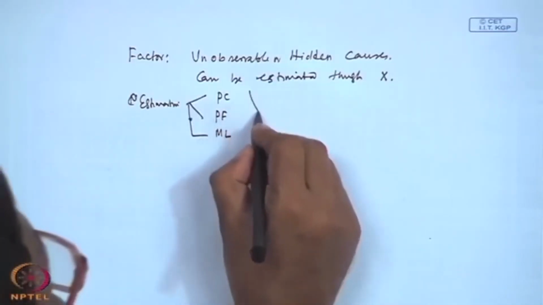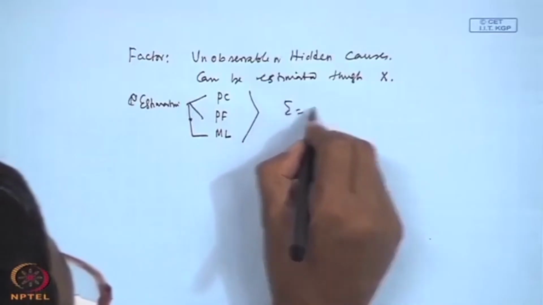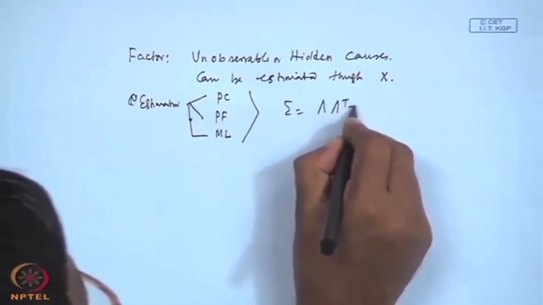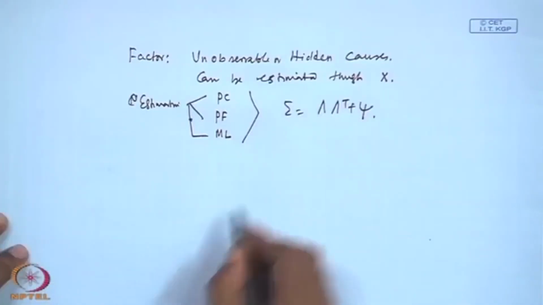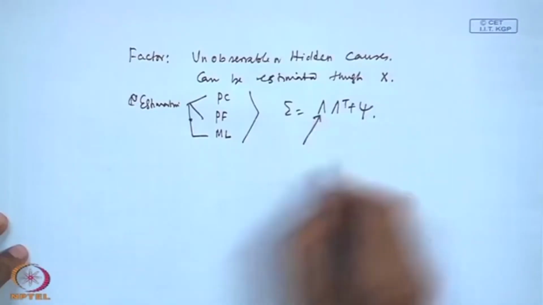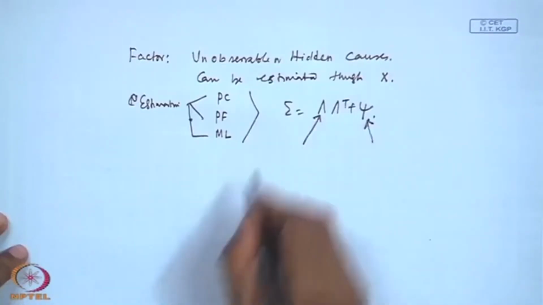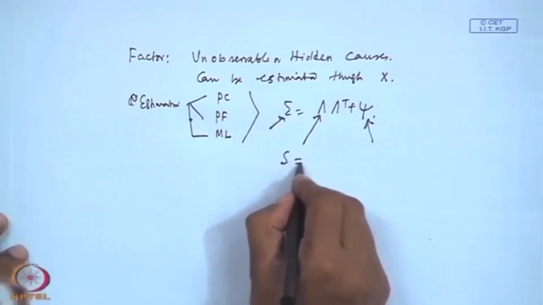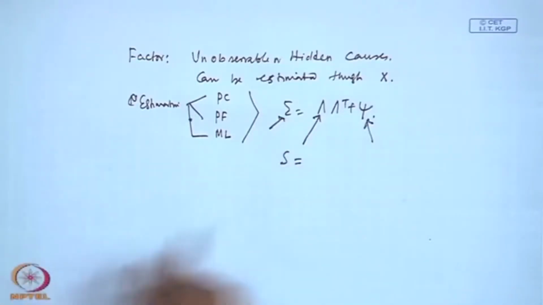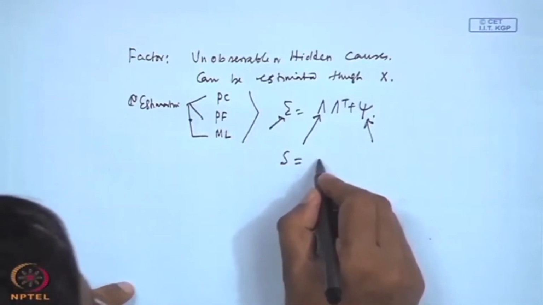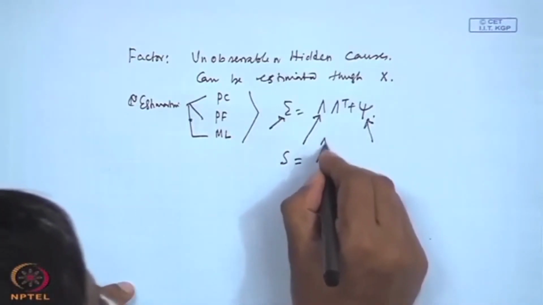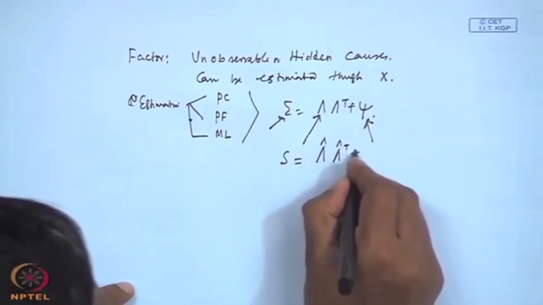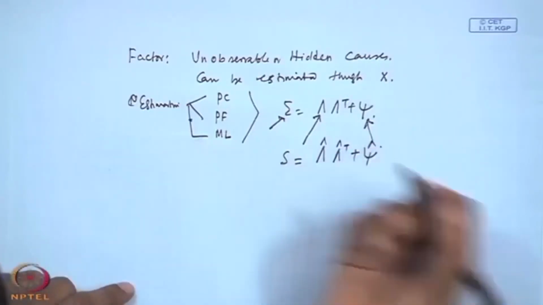The covariance structure is this, where this is the loading matrix, this is the specific variance, this is your original variance. You may go for S, and that also you will estimate using one of the methods.